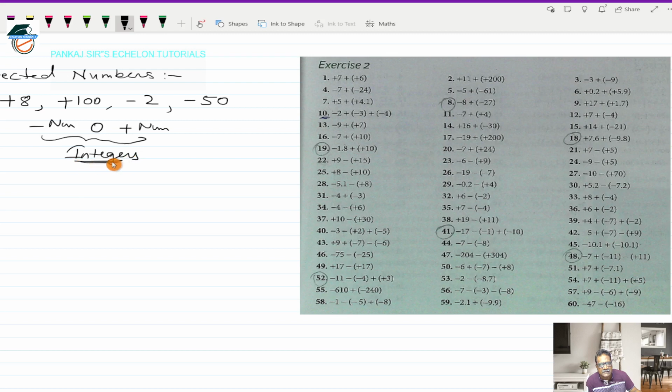So what are integers? Integers are positive numbers, negative numbers, and zero. All these together are known as integers. But of course, integers will not include fractions. So integers and directed numbers are almost related. Directed numbers are numbers which have either a positive or a negative sign.